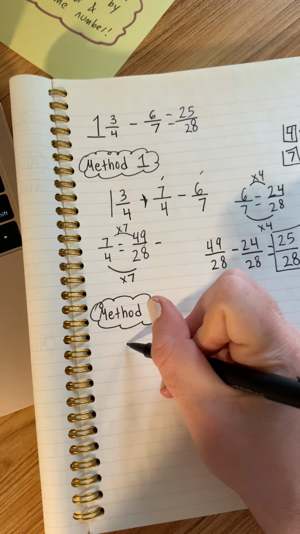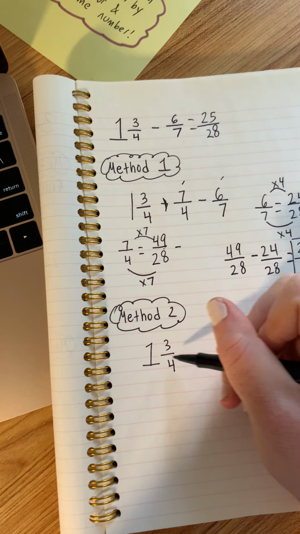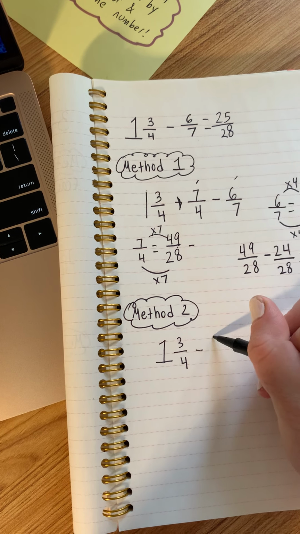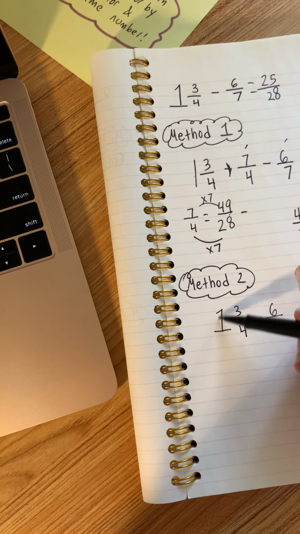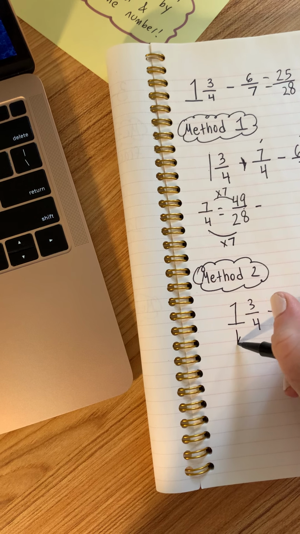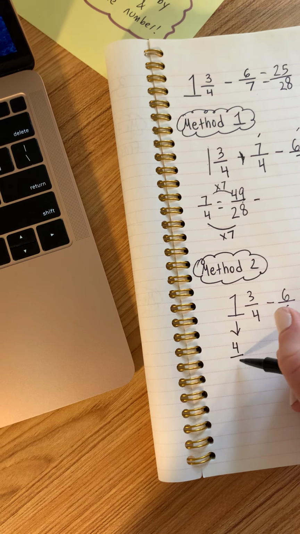That's where I'm going to regroup one whole from the minuend and combine that with my fraction. So if I'm regrouping one whole from 1, I'm taking away the whole thing. So I'm going to rewrite my 1 as, well, my fraction here is in fourths, so I'm going to rewrite this as 4/4.